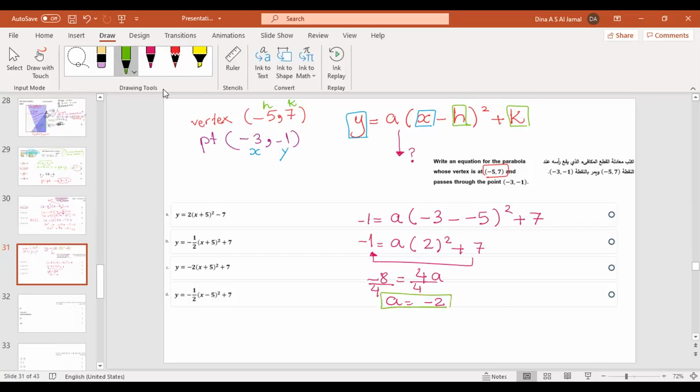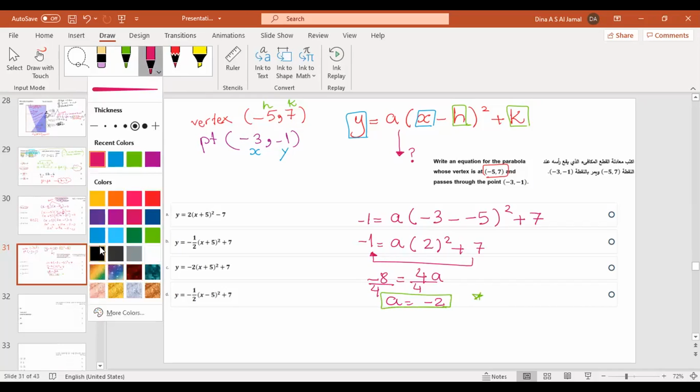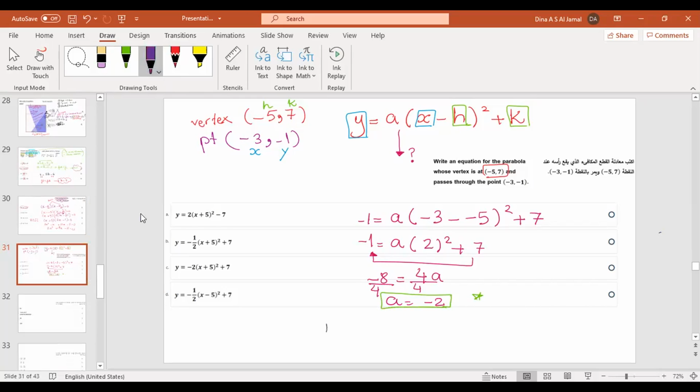So now my a is ready, but I would like to write the equation. This is what I want. So let's write it as y equals -2. Now x, you are having h as negative, so minus negative 5, which is plus 5, all squared, plus 7.